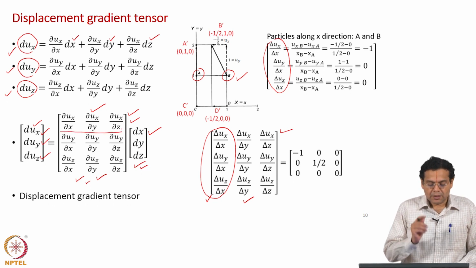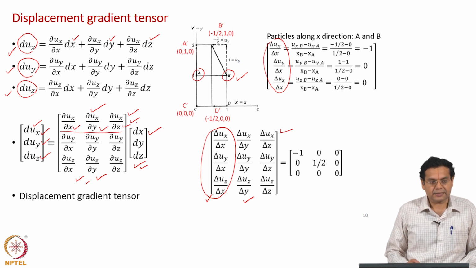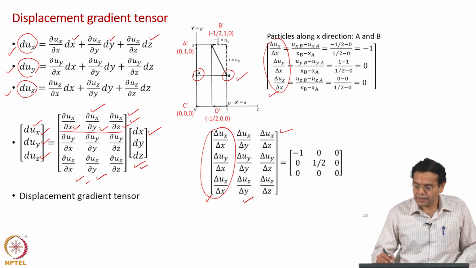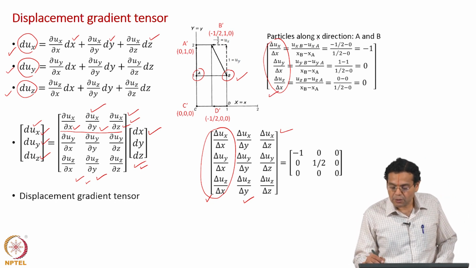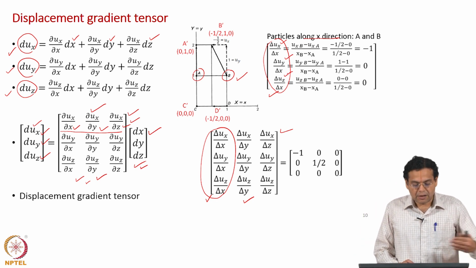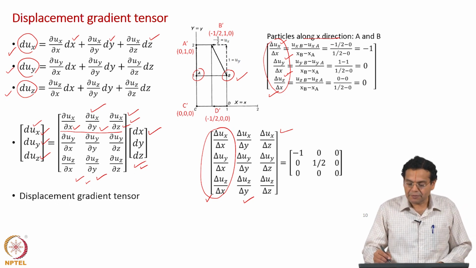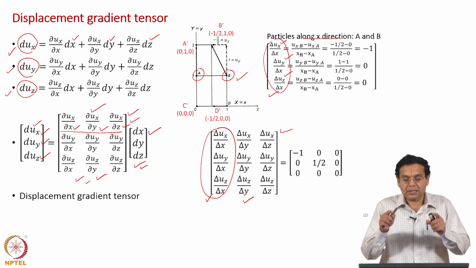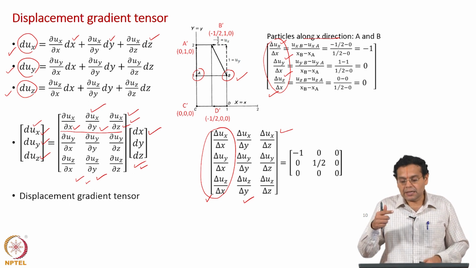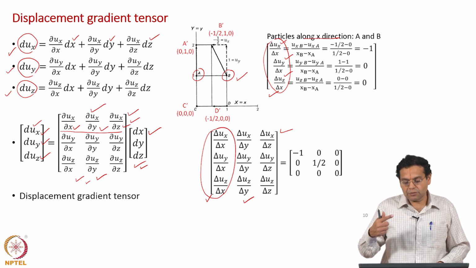Okay. And if you write it in this way, one row corresponds to the x displacement along x direction, y direction and z direction. And when we wrote here, we took particles along one direction and considered their x displacement, y displacement, z displacement. So, in the displacement gradient, along the row you have only x displacement, y displacement, z displacement, but here we consider 2 particles along x direction and consider the difference in their x, y and z displacement.